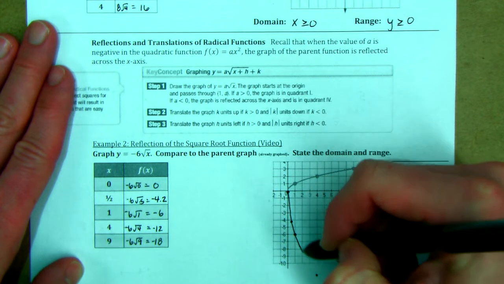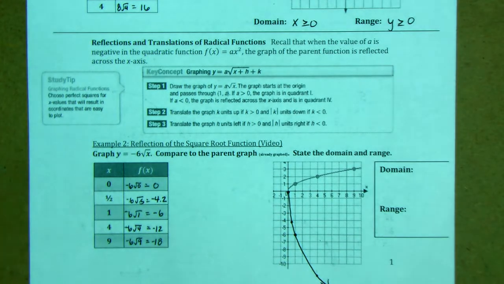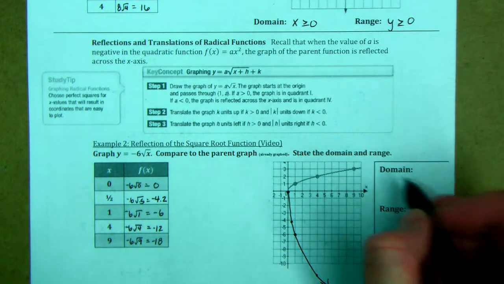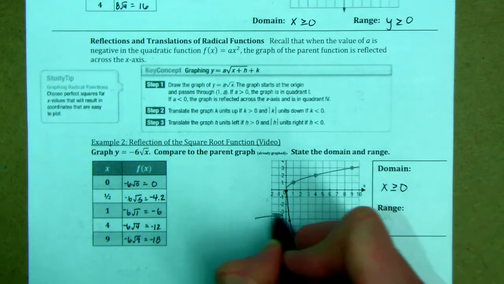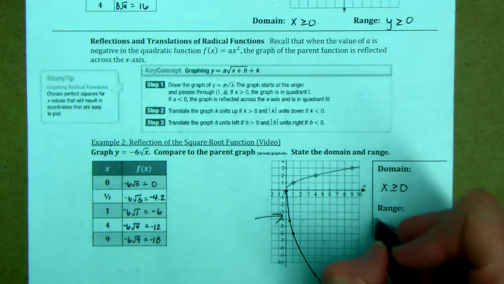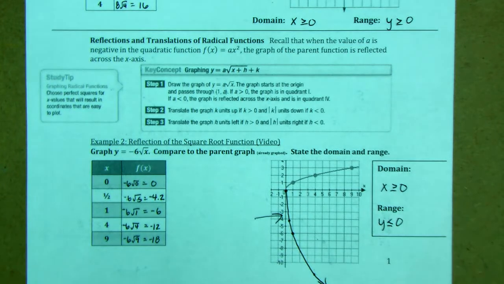That's what the 6 did. The negative made it go down, the 6 made it stretch. So our domain, though, is still x is greater than or equal to 0 because it's still going to the right. However, the range, y, now that we go down, is less than or equal to 0 because that's where our vertex is.